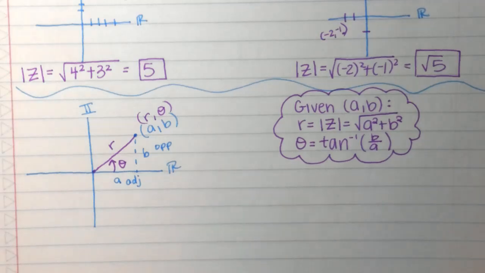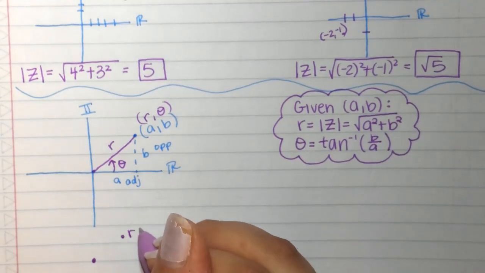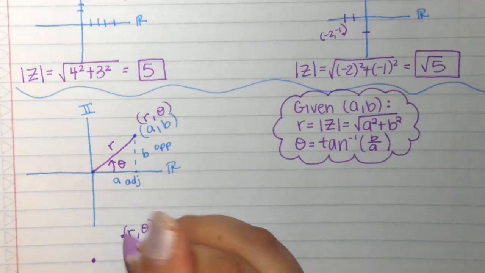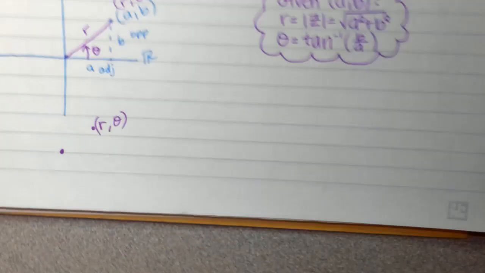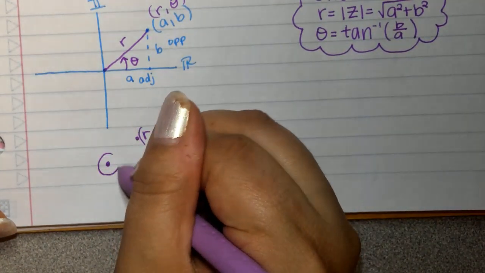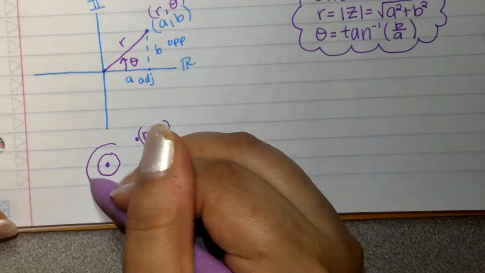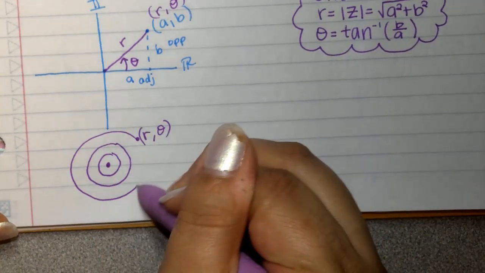What about vice versa? What if I'm given an R theta? Let me move this down, sorry. What if I give you a radius and an angle?